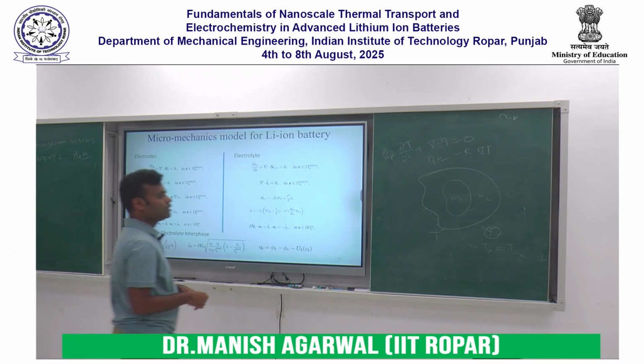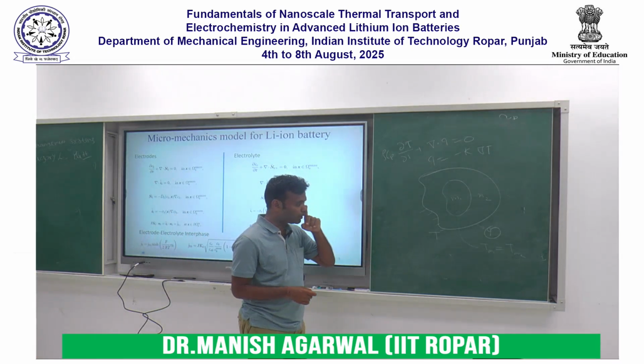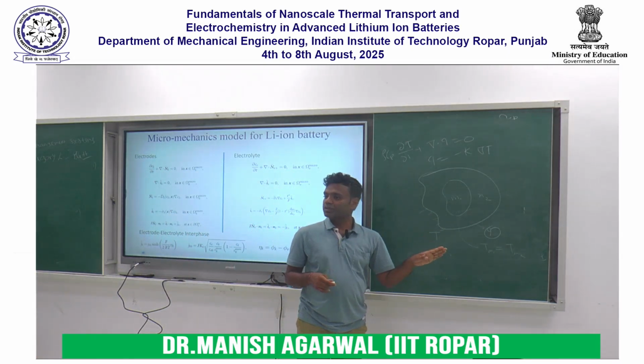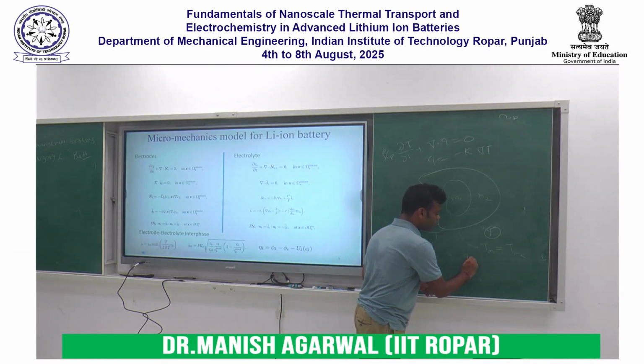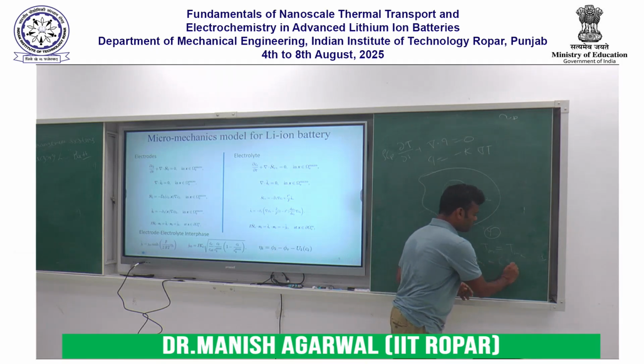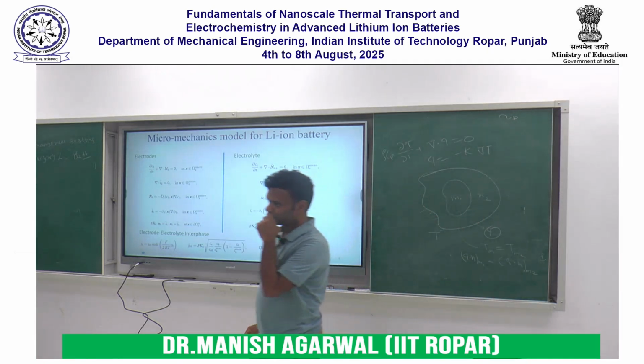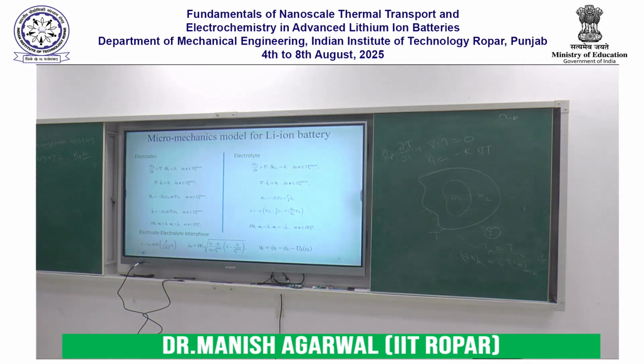Apart from this, there is a continuity of heat flux, okay? The continuity of the heat flux is that q dot n in material domain 1 is going to be q dot n in material domain 2, fine, okay? So at the interface also you require some condition, right?